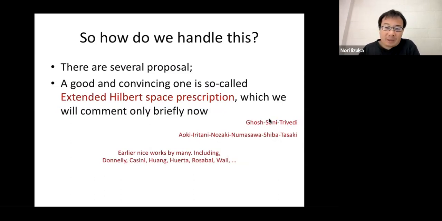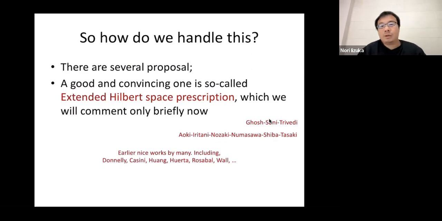But in the definition of the entanglement entropy, you assume that the Hilbert space factorizes. So the naive way to proceed is to extend your Hilbert space in such a way that it factorizes, meaning that you include some non-physical states in your definition of the extended Hilbert space in such a way that the final extended Hilbert space does factorize.